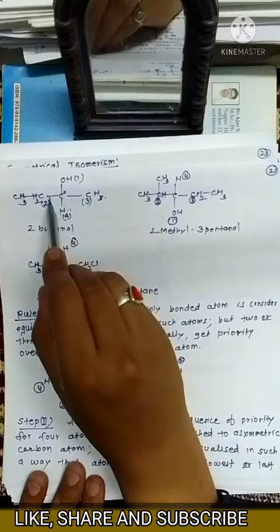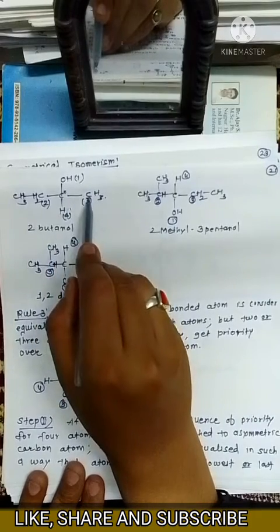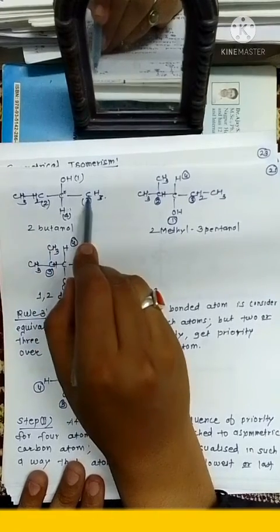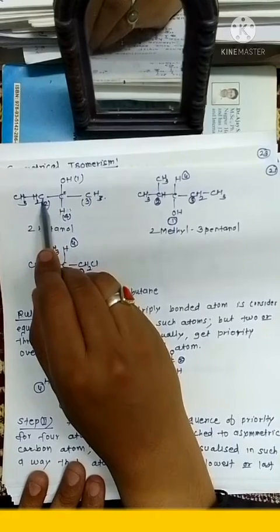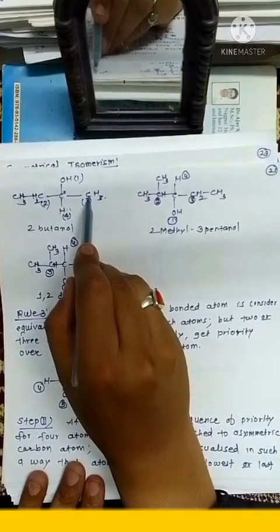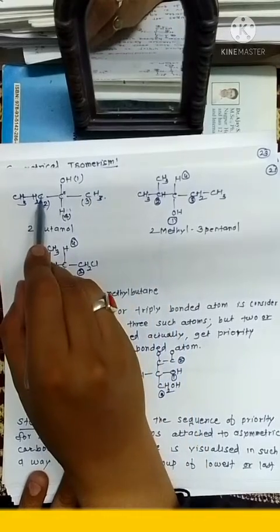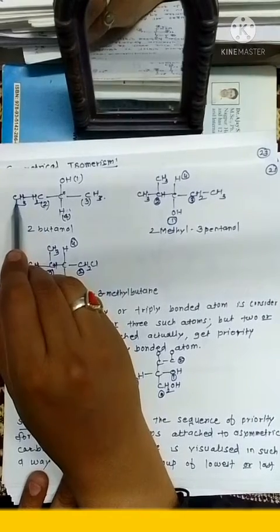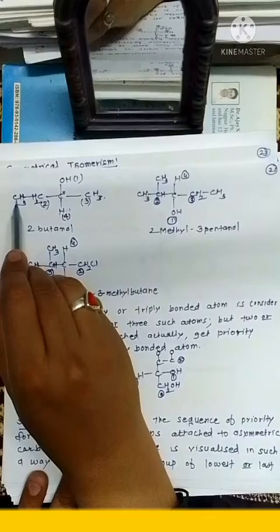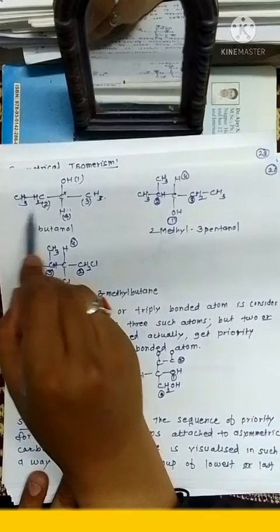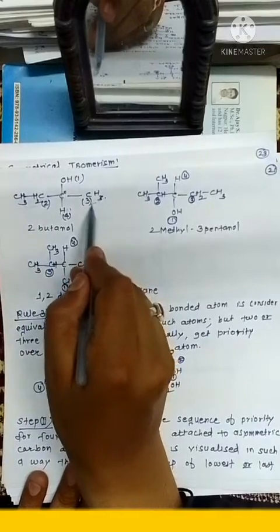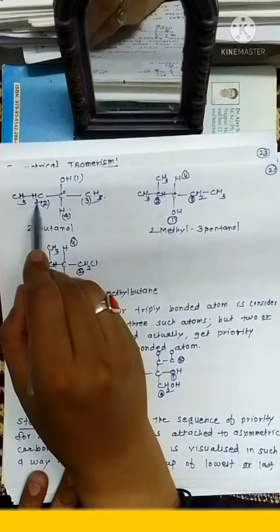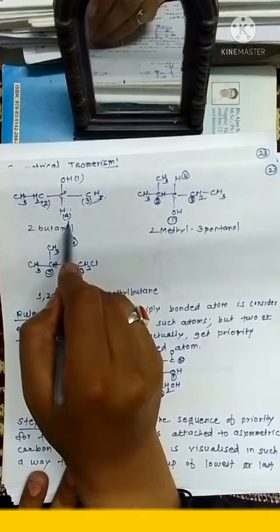Now this carbon is attached to a methyl group and an ethyl group. First it is attached to this carbon, and in this case also it is attached to this carbon. But in this case this carbon is attached to 3 hydrogens, while in this case this carbon is attached to 2 hydrogens and 1 methyl group, that is, it is further attached to this carbon. That's why the ethyl group gets second priority and then the methyl group comes. So the overall priority sequence is: first OH, second ethyl, third methyl, and last hydrogen.